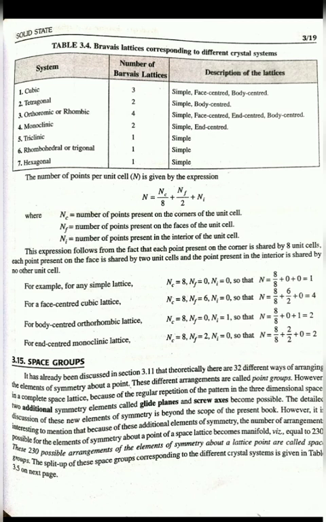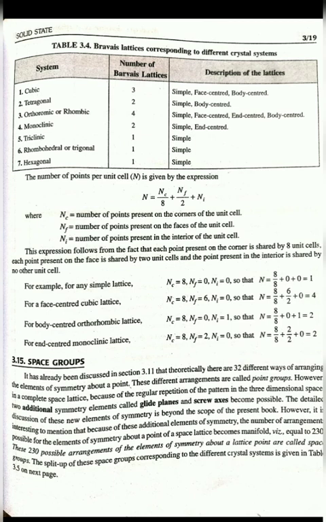Next heading 3.15, space groups. It has already been discussed in section 3.11 that theoretically there are 32 different ways of arranging the elements of symmetry about a point. These different arrangements are called point groups. However, in a complete space lattice, because of regular repetition of the pattern in three-dimensional space, two additional symmetry elements called glide planes and screw axes become possible. The detailed discussion of these new elements of symmetry is beyond the scope of the present book.